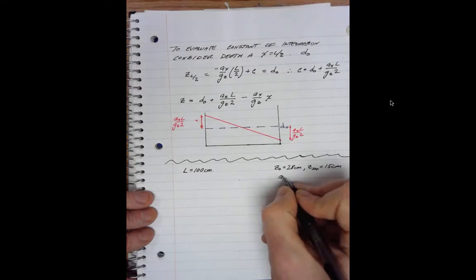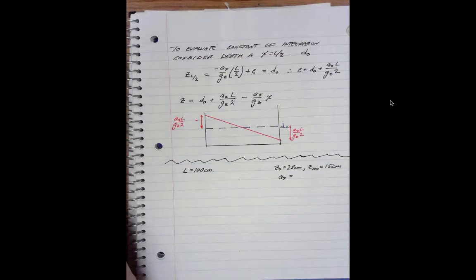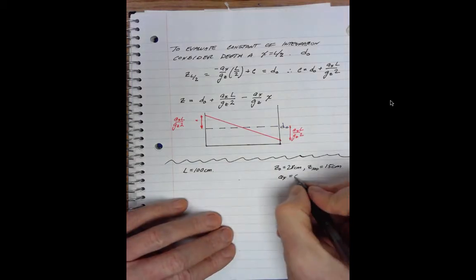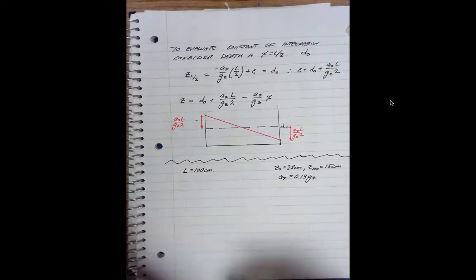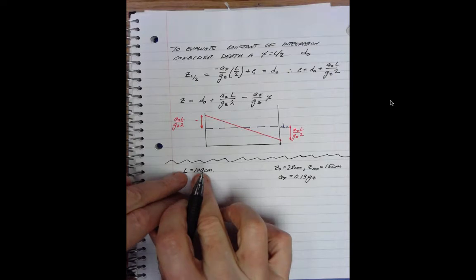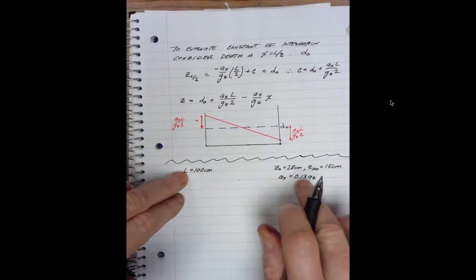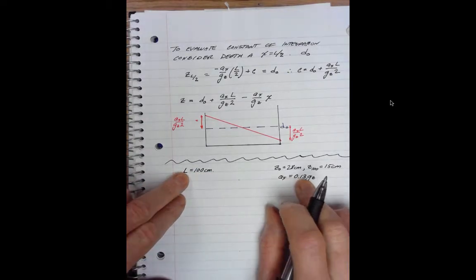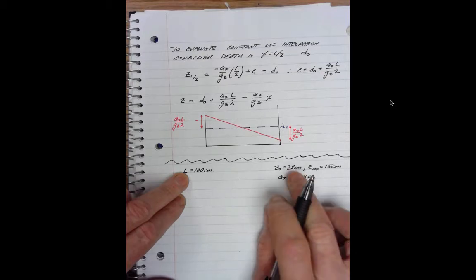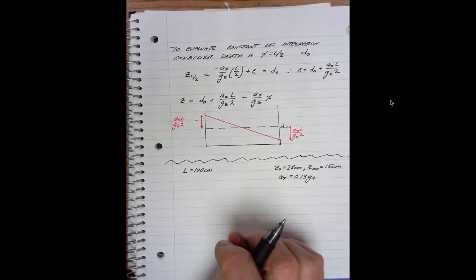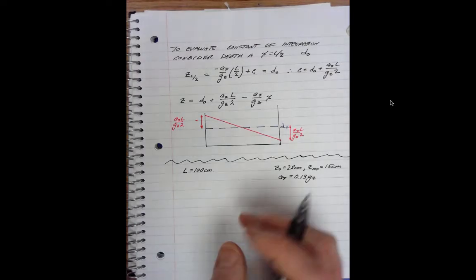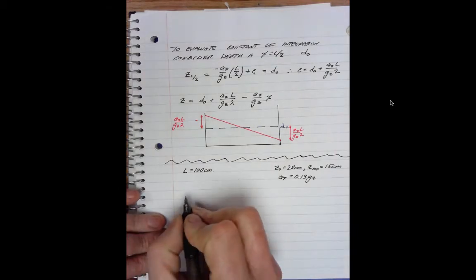We also knew that A of x was equal to 0.13 g sub z. So let's apply that and see if indeed with this distance and that acceleration, we recover these values. We do need to know what the mean depth is. Well, let's do it as a variable and then see what we come up with.